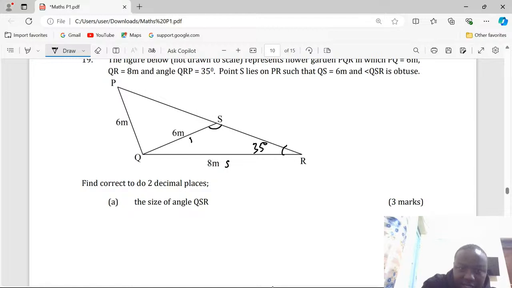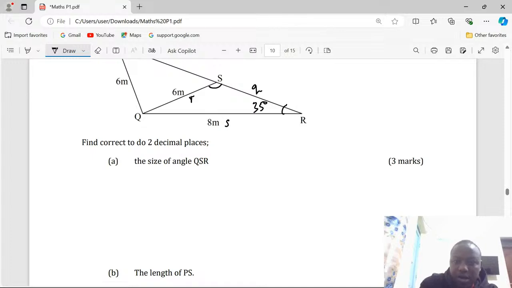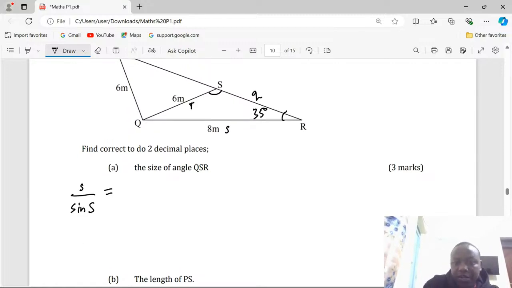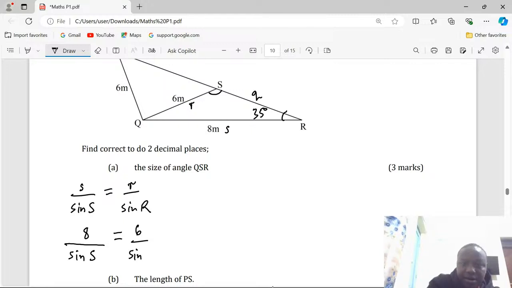With R here, the side is small letter r, but the angle is capital R. With Q there, the opposite length is q, but the angle is capital Q. So according to the sine rule, the length s divided by the sine of the angle S will be the same as the length r divided by the sine of the angle at R. When we apply some substitution, 8 divided by the sine of the angle at S, which is unknown, will be equal to 6 divided by the sine of R, which is 35.